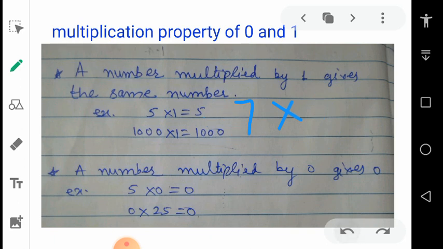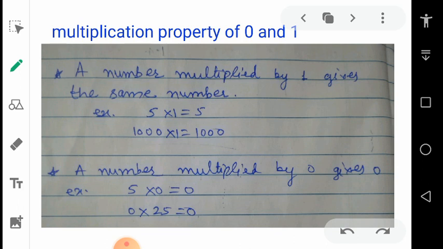The second property is related to 0. A number multiplied by 0 gives 0. Okay. Example, 5 multiplied by 0 gives 0 and 0 multiplied by 25 gives 0 also. It doesn't matter whether 0 appears at the first position or the second position.